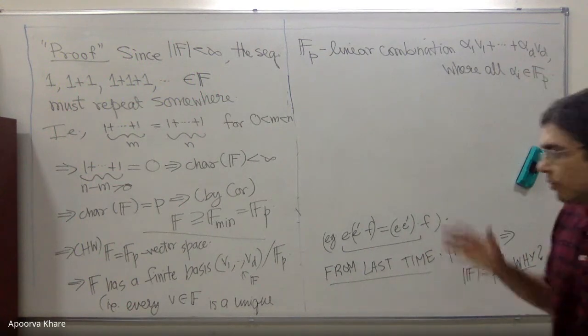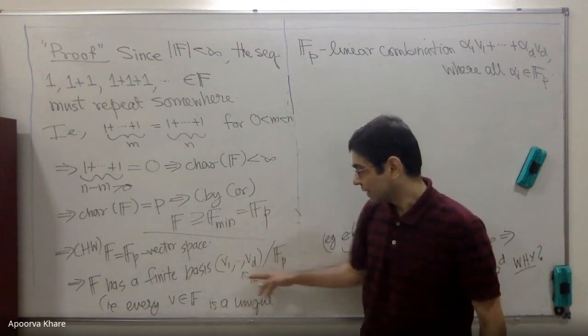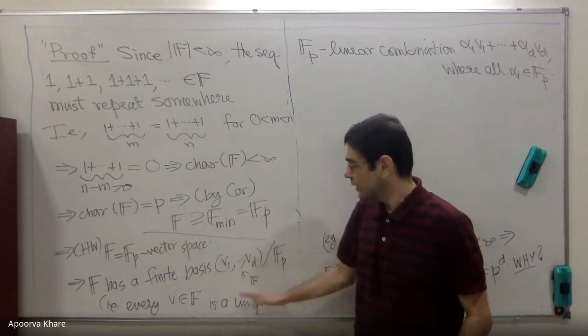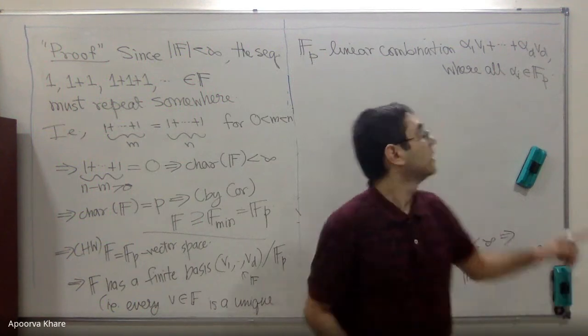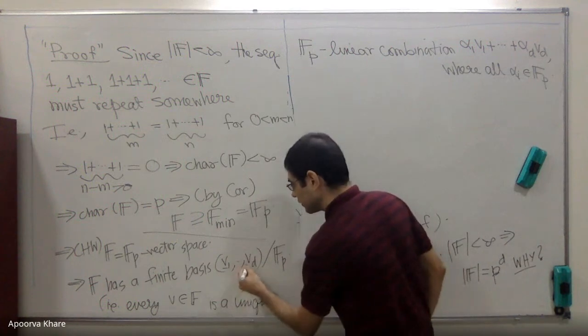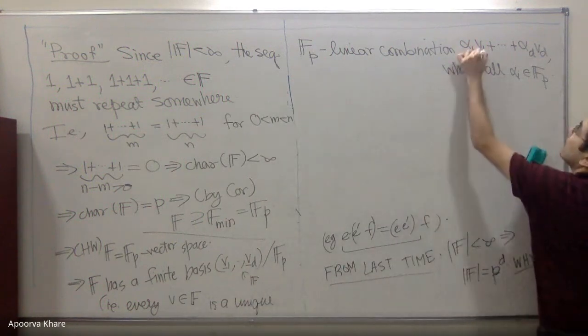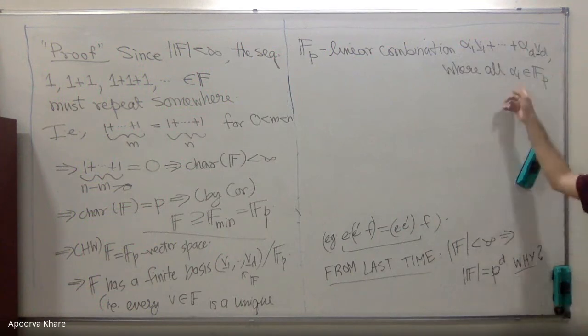For every element of the bigger field, because it has this finite basis, it is a unique linear combination with coefficients from the smaller field of these vectors. If you want to distinguish between scalars and vectors, let's underline the vectors. All the alphas are scalars.